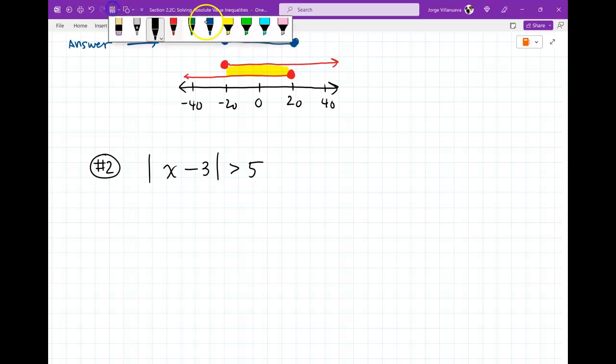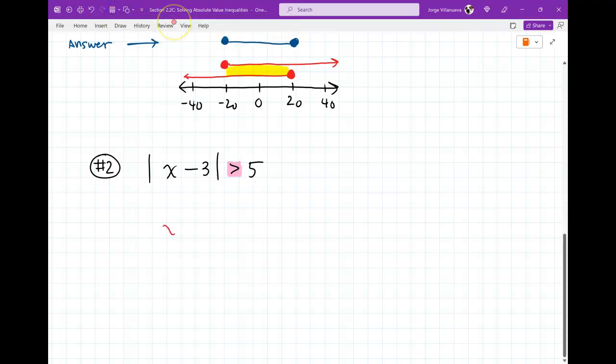I am going to highlight something really quick for us here. Notice it's pointing away from the absolute value, so that means this is an or problem. I don't know if you want to write that down somewhere. Or means the graph should be pointing away from each other. Since the absolute value is all by itself, I'm going to break it apart into 2 pieces. X minus 3 greater than 5.